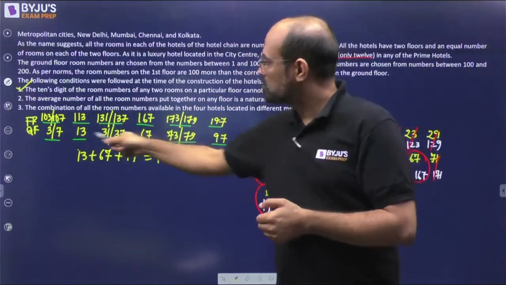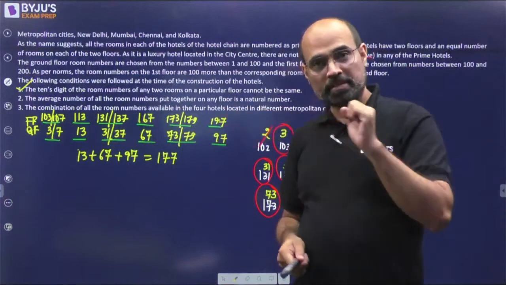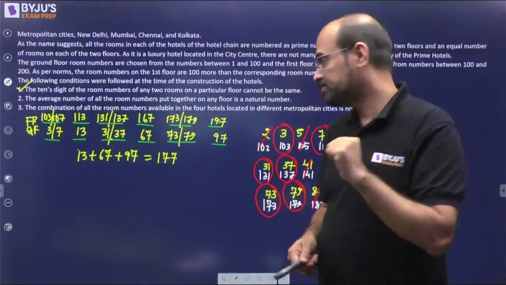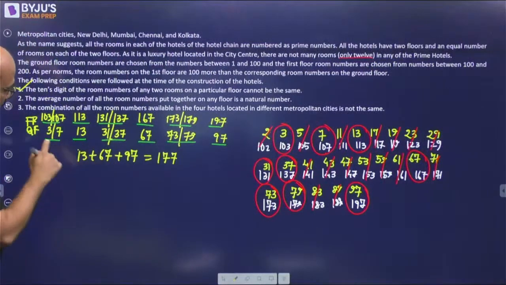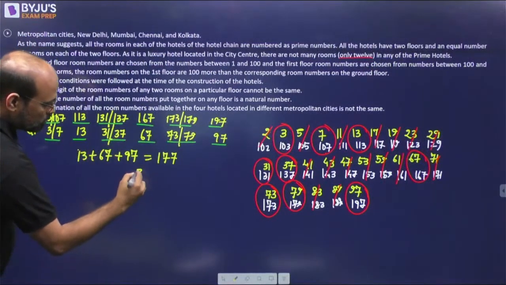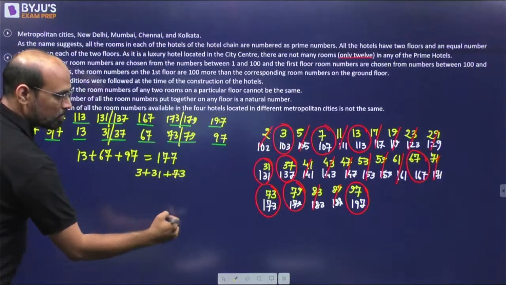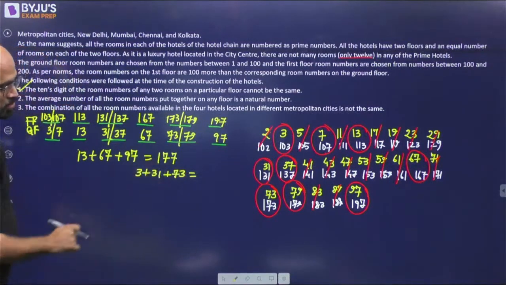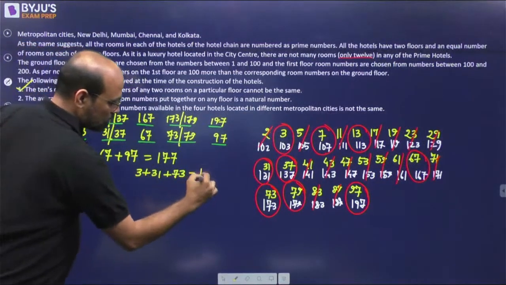Now look at the combinations. These are the 3 room numbers: 3 or 7, 31 or 37, 73 or 79. So if I take the smallest numbers, suppose I take 3, 31 and 73, their sum is going to be 107.